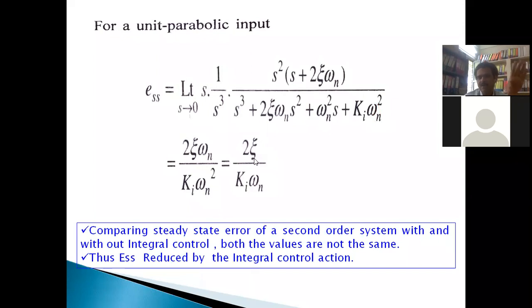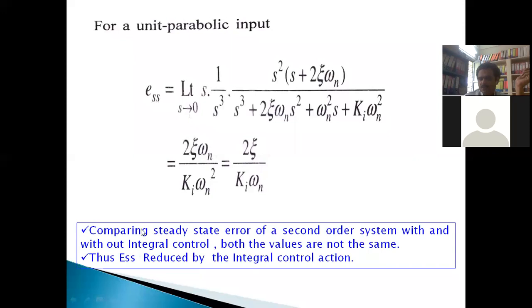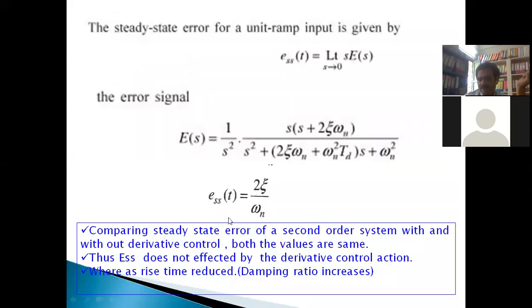So if we add integral controller to the system, order of the system increases, but the steady state error will get reduced. Previously, in case of derivative control, here the steady state error is not going to change any value, but the rise time reduces.